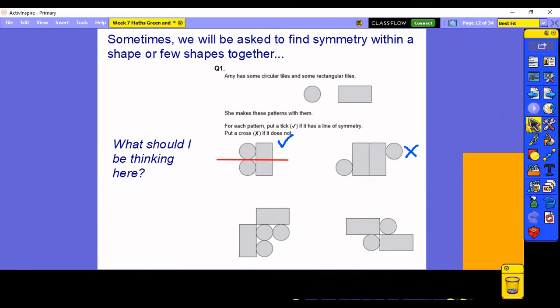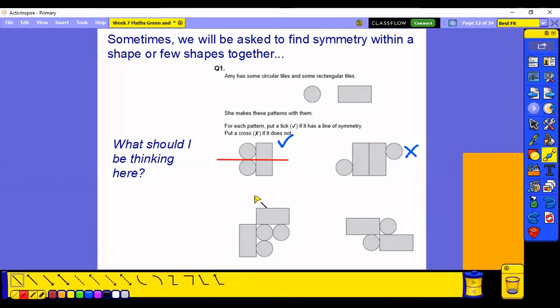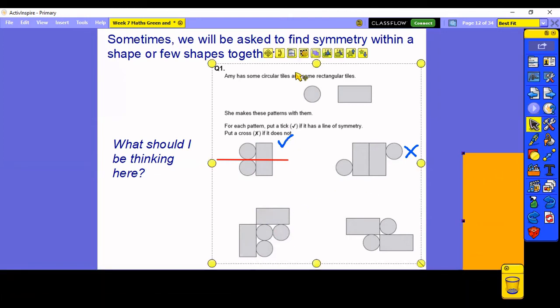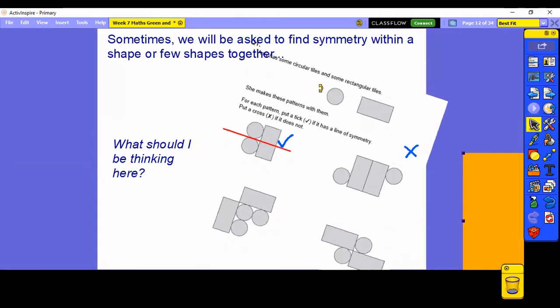If we look down to these two here, this is where the next one becomes a little bit tricky. So I can try my strategy of going down vertically and horizontally, and I think you can probably see by the way I'm using my cursor there, that's not going to work. It might help me here to start thinking about turning my paper.